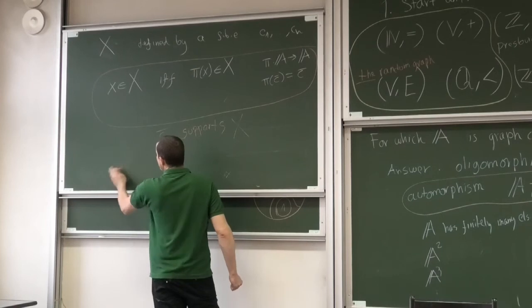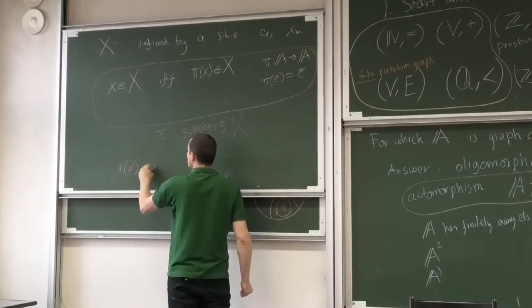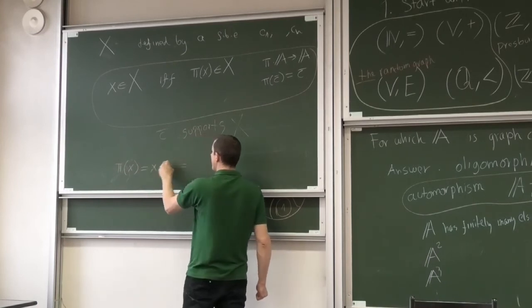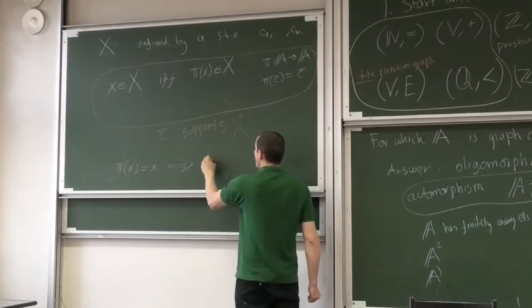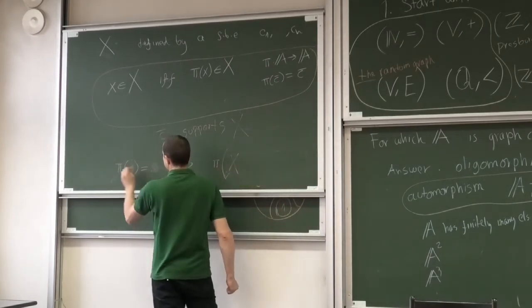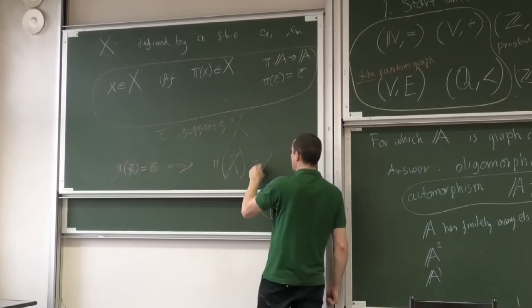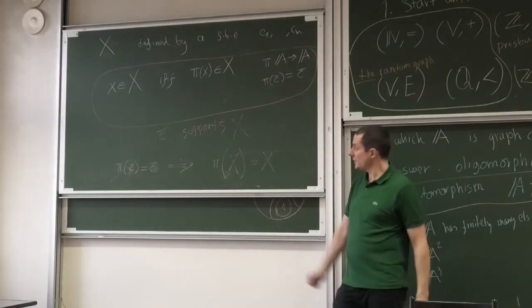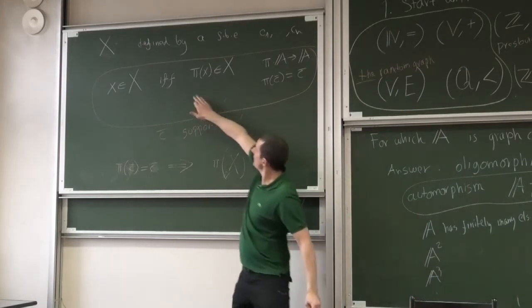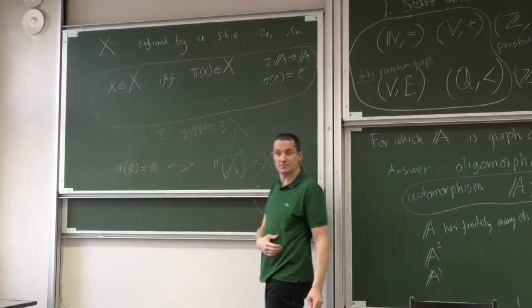So that if pi of x equals x, then pi of c equals x. Yeah, because pi of x equals x is this thing, which is written out in a slightly different way.